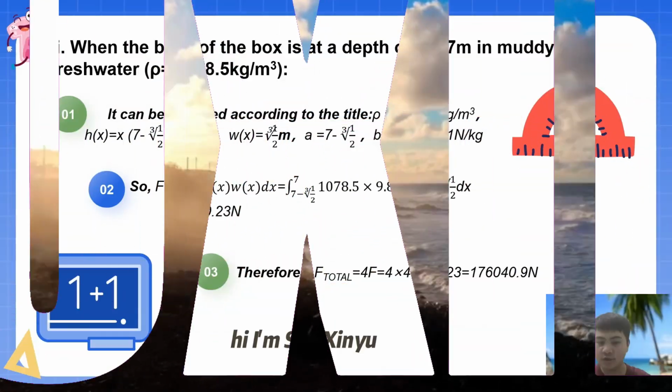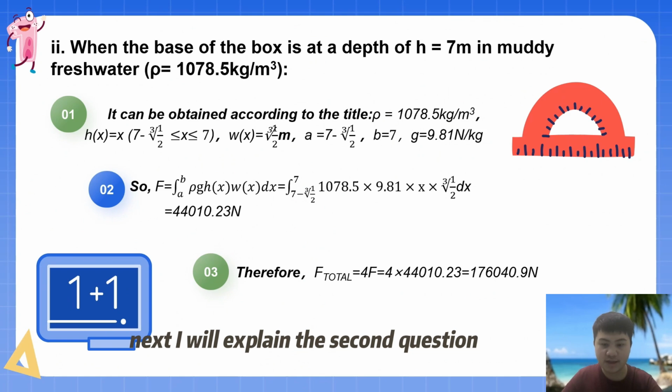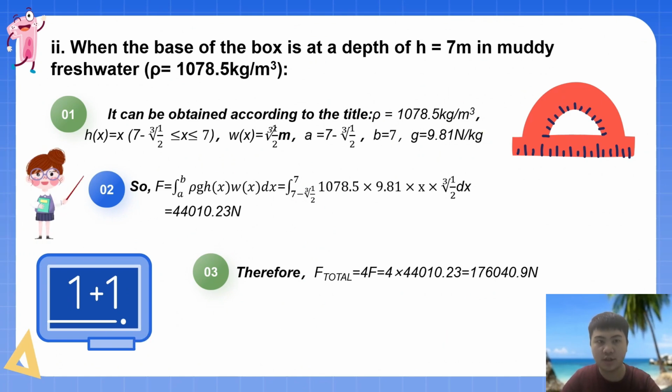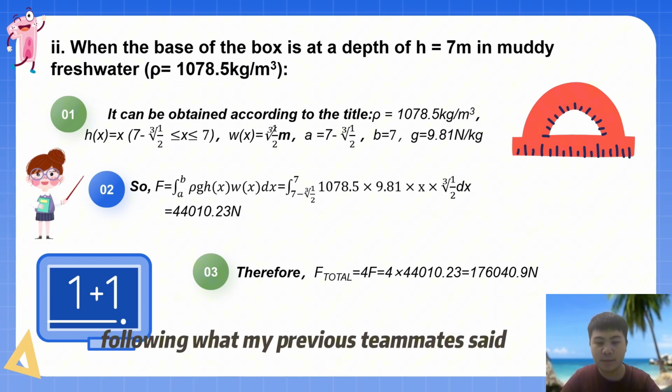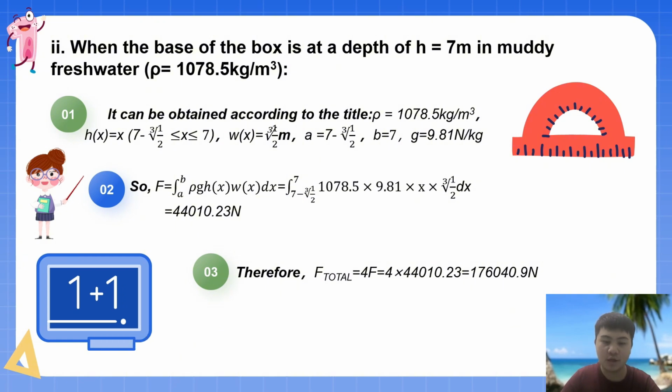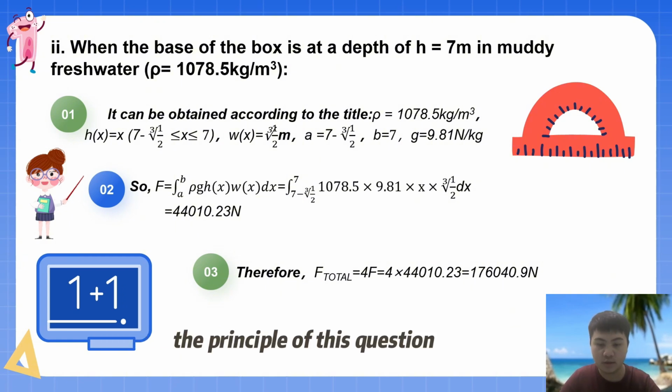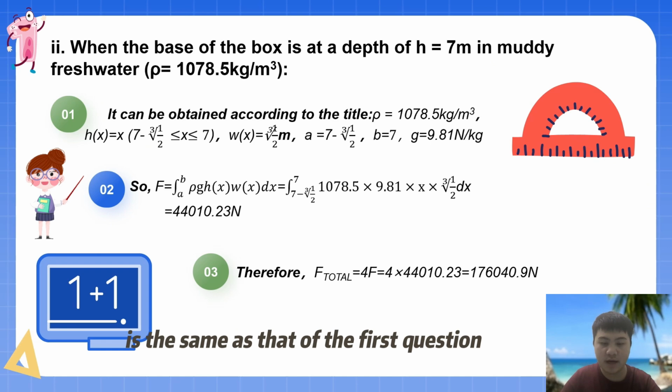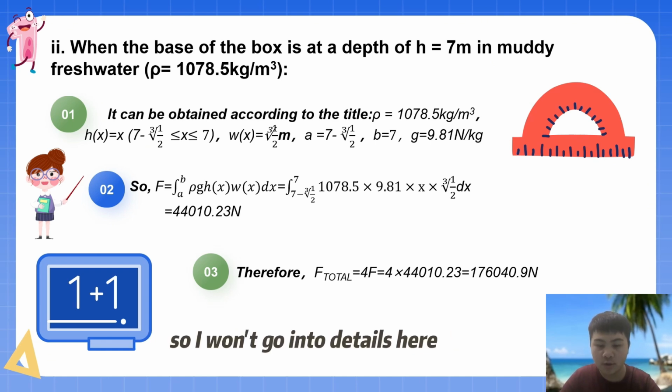Hi, I'm Shu Xinyu. Next, I will explain the second question. Following what my previous teammates said, the principle of this question is the same as that of the first question, so I won't go into details here.